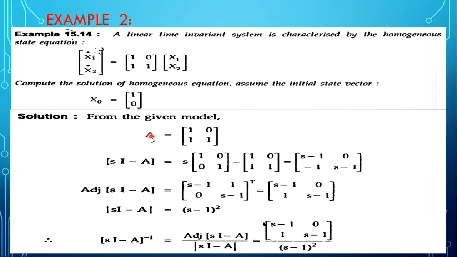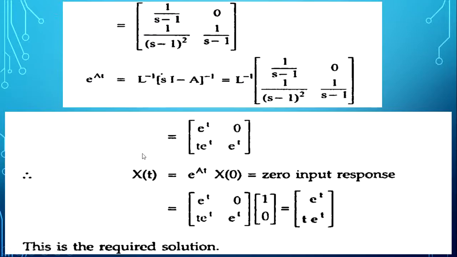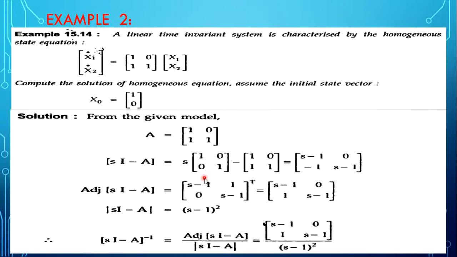So for the homogeneous equation, the solution x of t is e to the power At x of 0, the zero input response. The first step is to find out e to the power At.